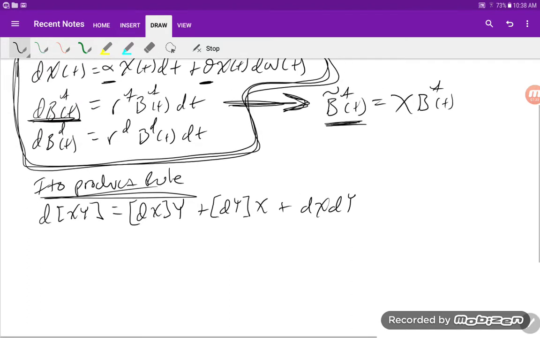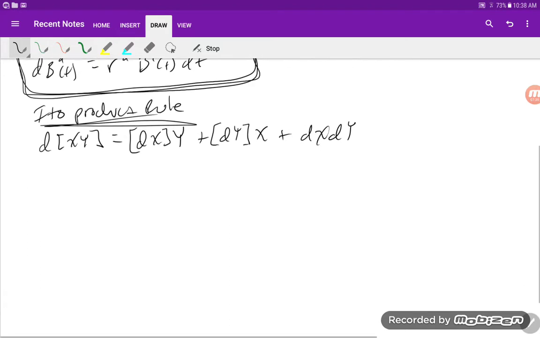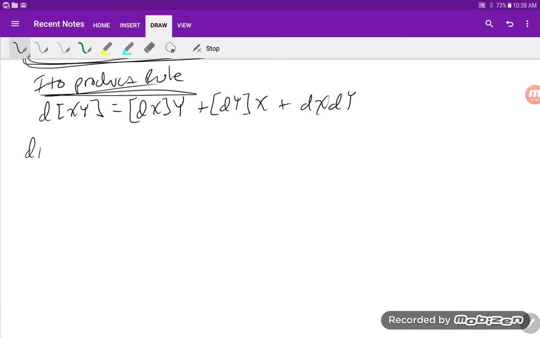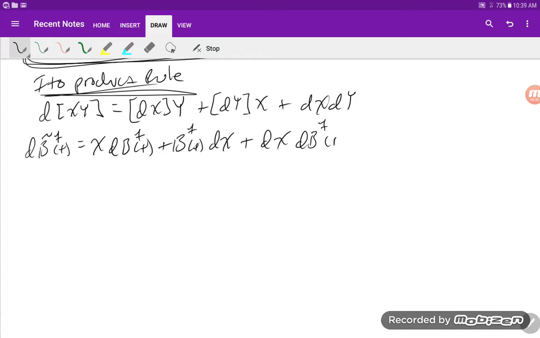So translating this into the problem of trying to figure out the differential of b tilde, we're going to have that d b tilde is equal to x dbf, sorry, it's not tilde, just bf, plus bf dx, plus dx dbf.